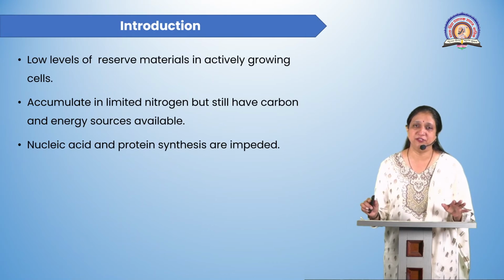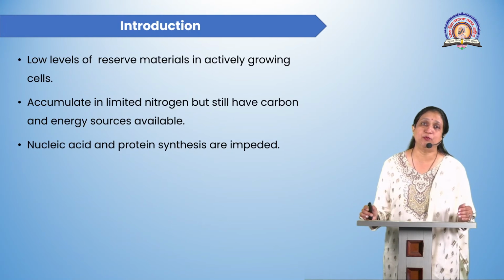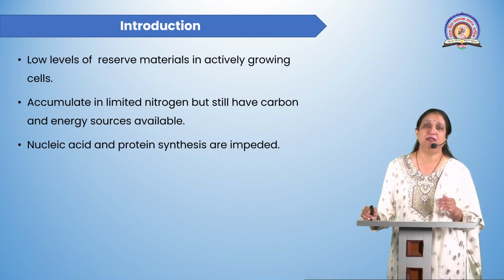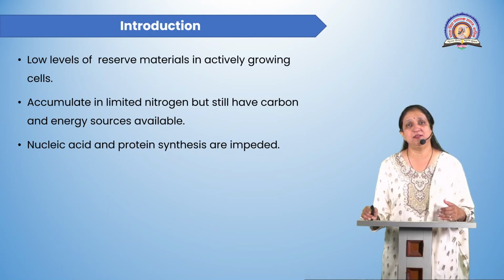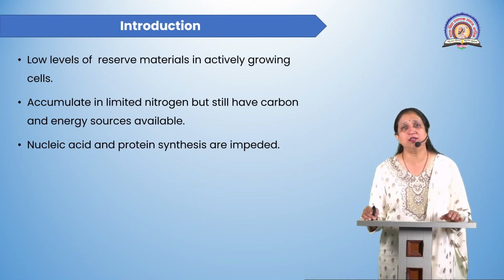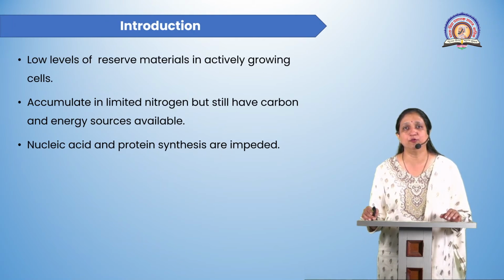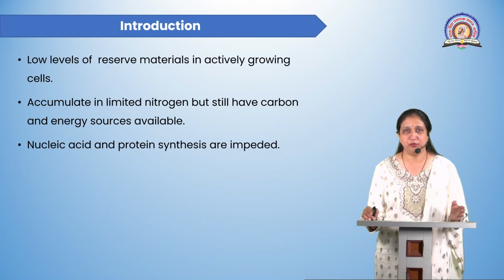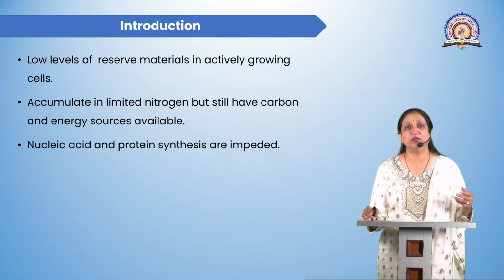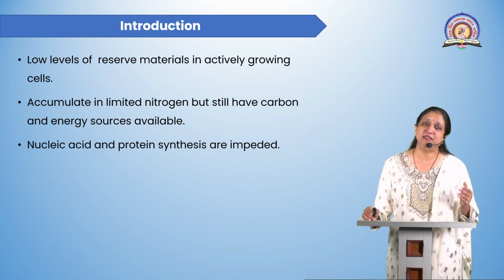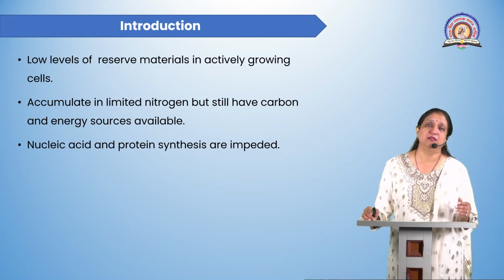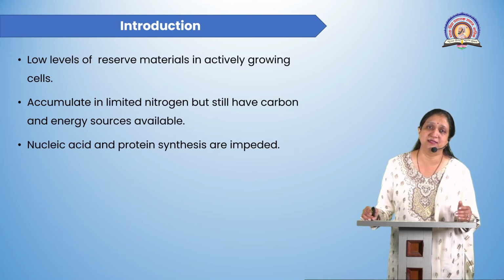So when there is a deficiency of nitrogen, nitrogen is required for the synthesis of proteins, nitrogen is required for the synthesis of nucleic acids. Because for the synthesis of nucleic acids, the precursor molecule is the nitrogenous bases, which include the purines and the pyrimidines, that is adenine, guanine, thymine, and cytosine. All these are the nitrogen bases which require nitrogen for the formation. Right? And if there is a deficiency of nitrogen, the synthesis of the nucleic acid will stop.